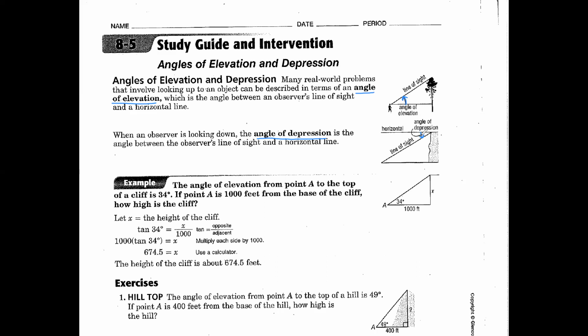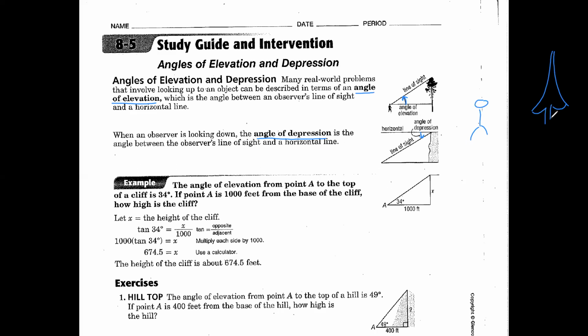Now, a lot of times in problems, you'll have both an angle of elevation and depression in the same problem. So on this example, I'm going to draw for a second. Actually, let me just draw a new one off to the side. I'm going to use the same example, but I don't want to draw that diagram. So I'm going to draw the person again. I'm going to draw my large tree over here that looks horrible. Oversized Christmas tree.